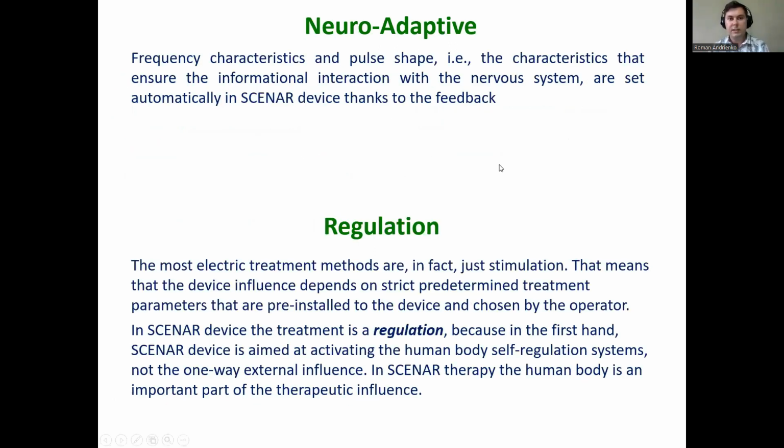Neuroadaptive means that the characteristics that are important for interaction with the nervous system are changed automatically. And regulation, yes, this is something that helps us to activate the human body's self-regulation systems, to put it on a rehabilitation route. So this is also an important thing, which distinguishes Scenar from other similar technology.